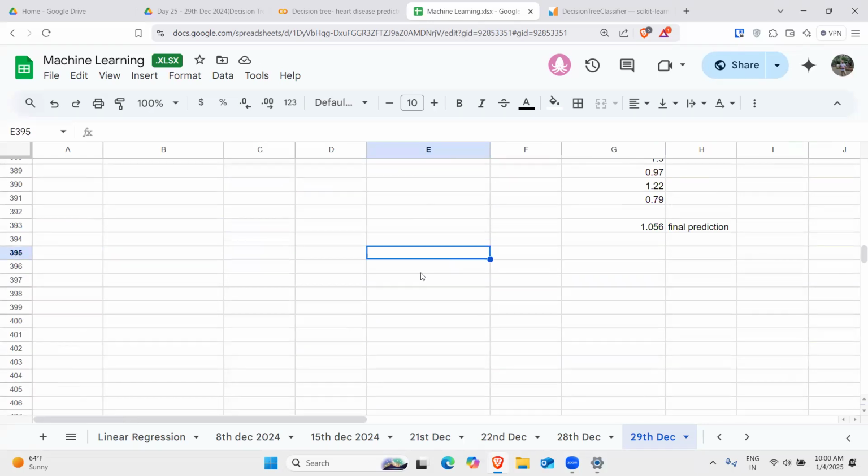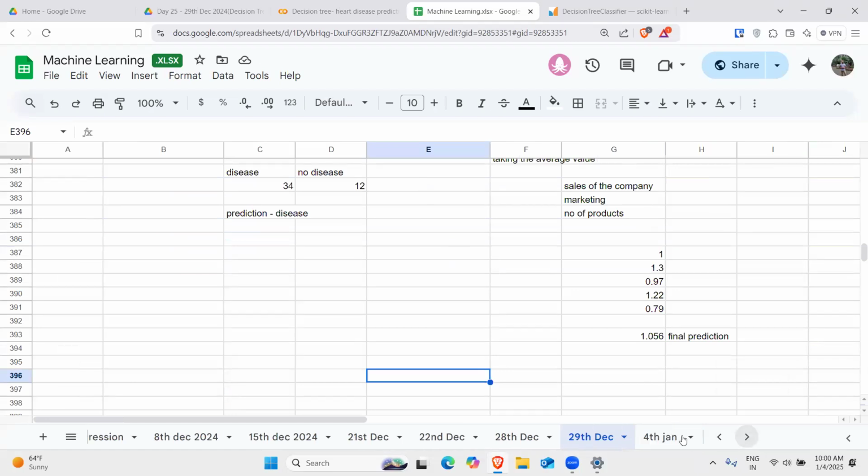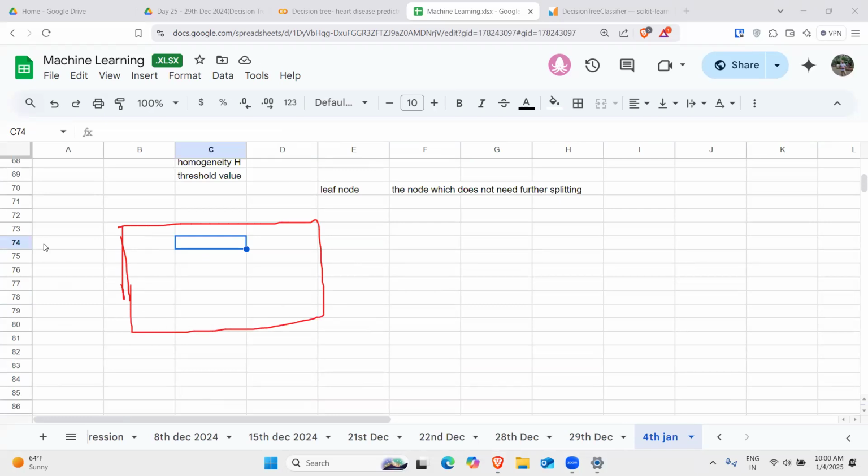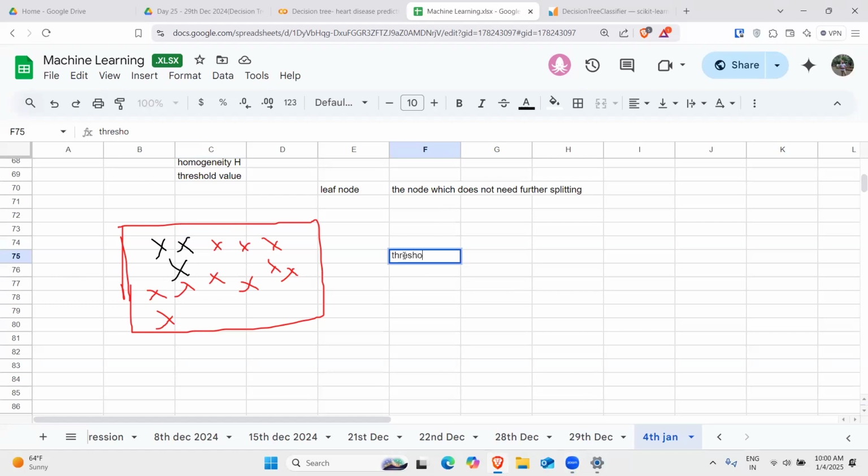Now, first of all you set the homogeneity threshold value for your dataset. Suppose you have a dataset with these data points: 1, 2, 3, 4, 5. Suppose you keep the threshold value of the homogeneity as 70%.